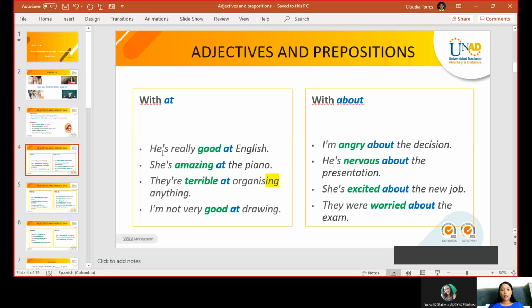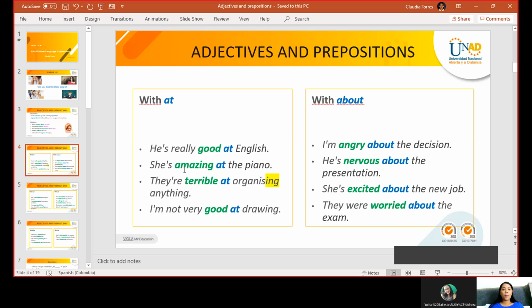But here you can see an example. He's really good at English, right? Here you're talking about skills, abilities. And usually when you're talking about a skill or an ability, you use the preposition at with the adjective.